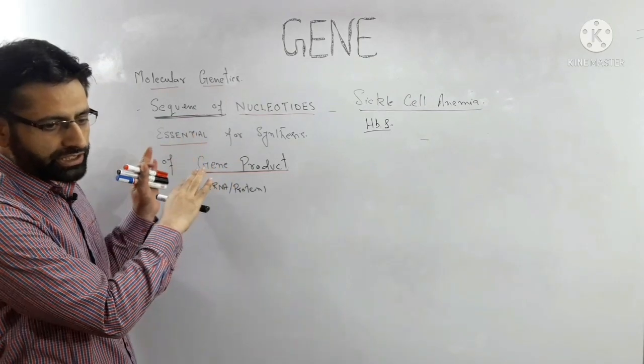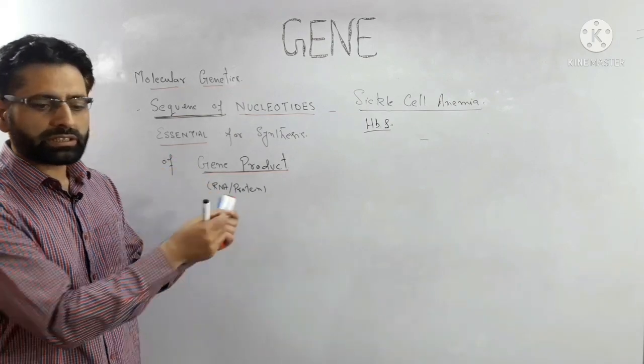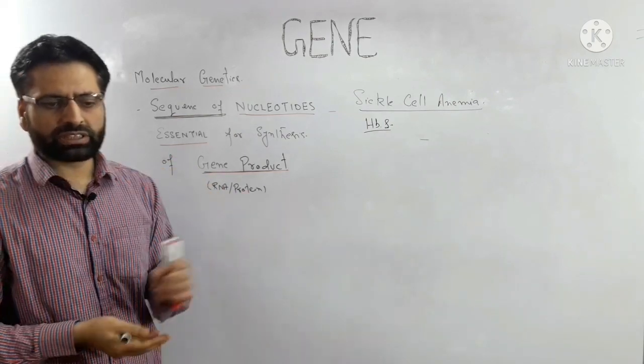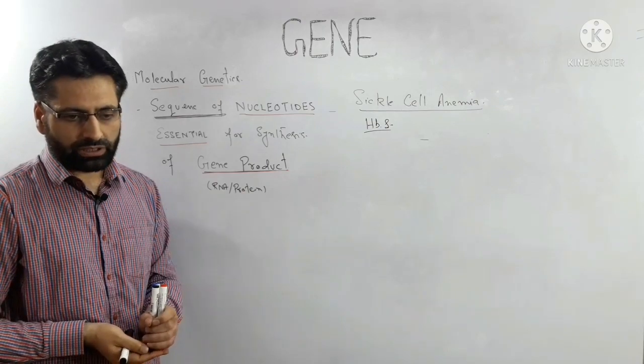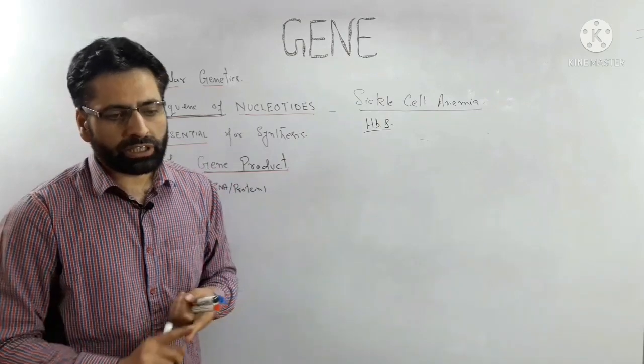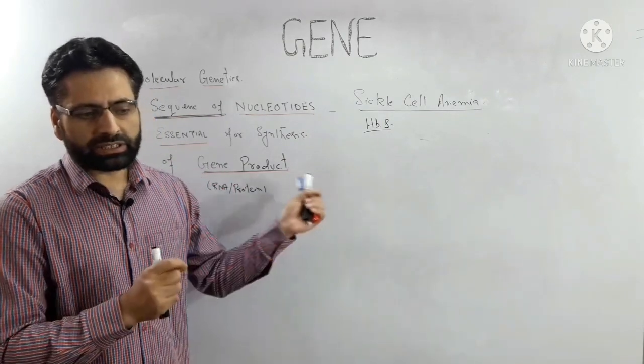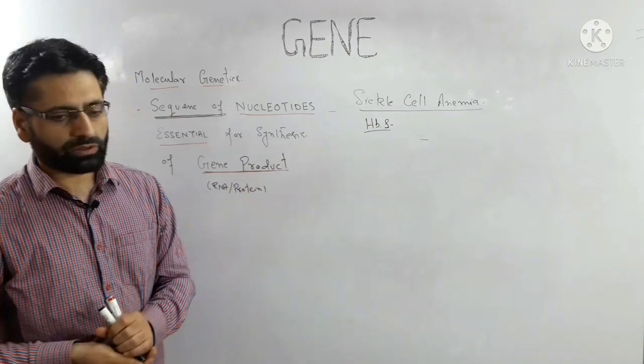If there is any change in this sequence, it will in many cases have serious consequences for the survival of an individual. So in sickle cell anemia, we have abnormal hemoglobin, and accordingly we have some complications in the individual in which this mutation occurs.